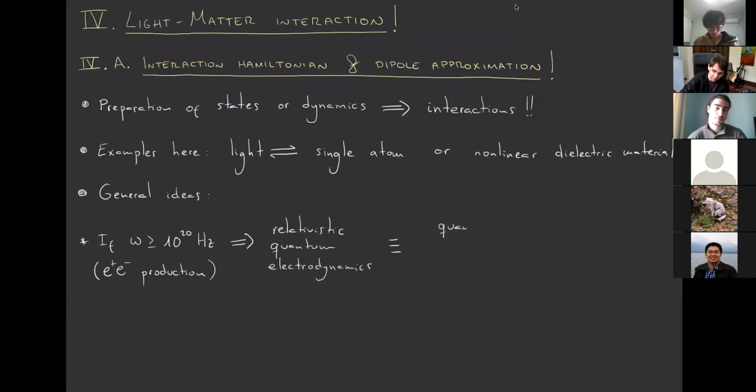And in particular, this is a quantum field theory in which the electromagnetic field is a vector field, and the matter fields are Dirac fields. And in particular, the vector field acts as a gauge field that mediates the interactions between the Dirac fields, okay? And if you study quantum field theory, for sure you will see this.